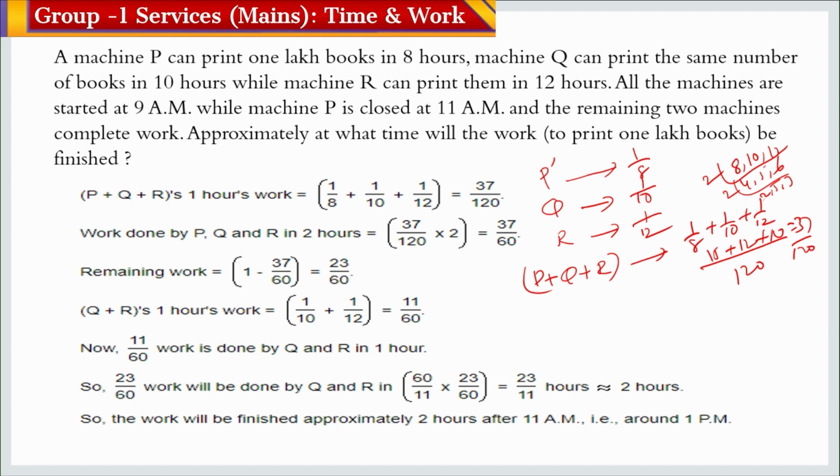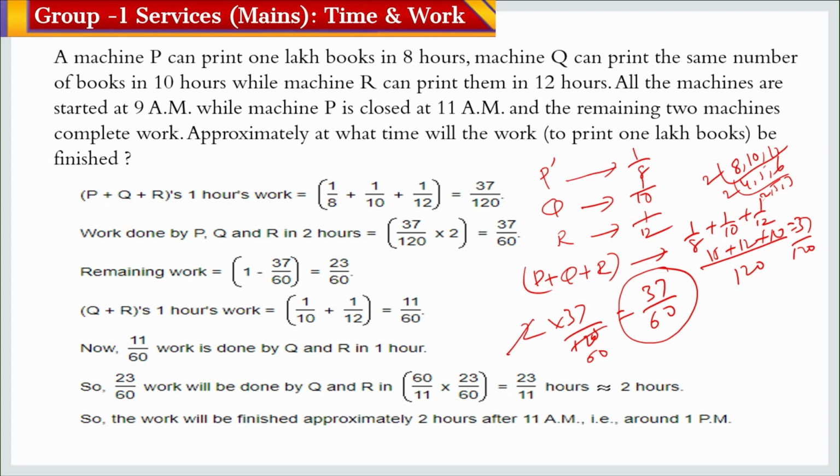The work done by all the 3 in 2 hours, you have to calculate. The work done by P, Q and R in 1 hour is 37 by 120. In 2 hours is how much? 2 into 37 by 120. It is 37 by 60. This is the work done by the 3 machines for 2 hours.